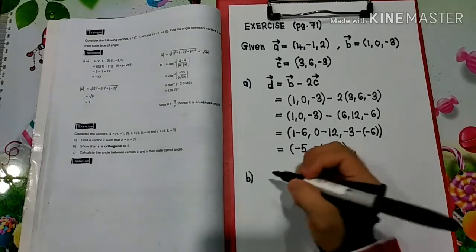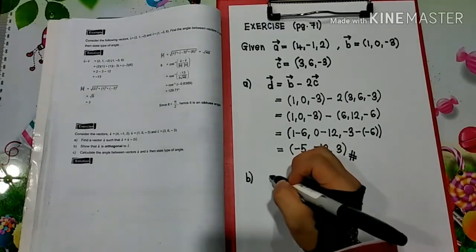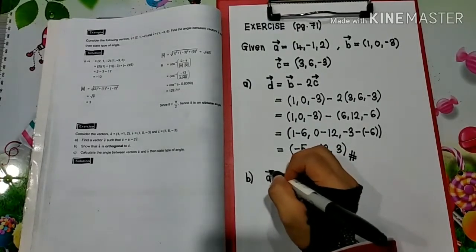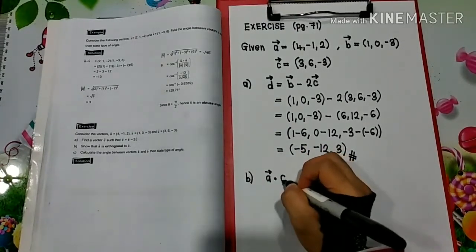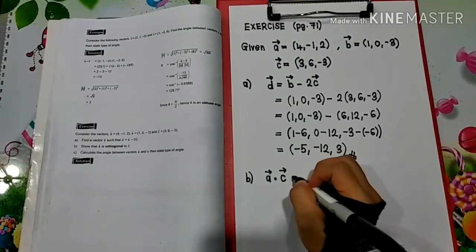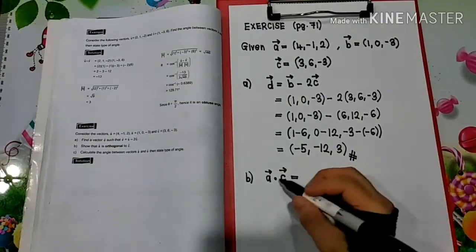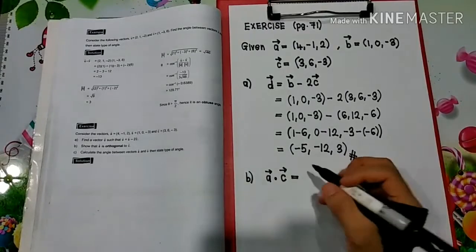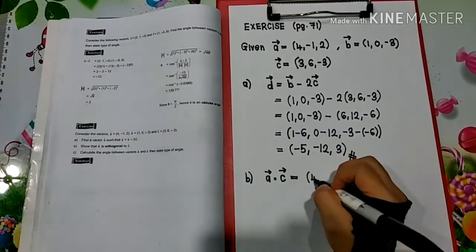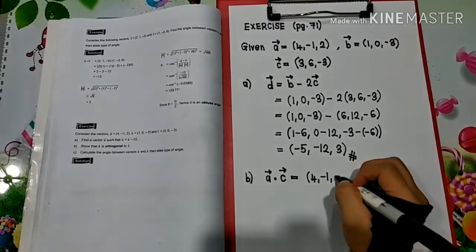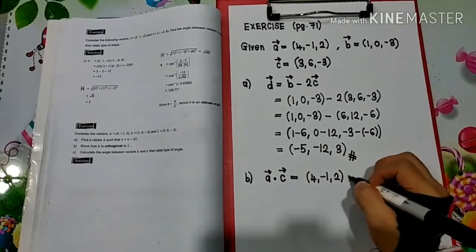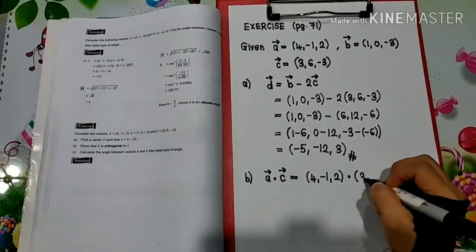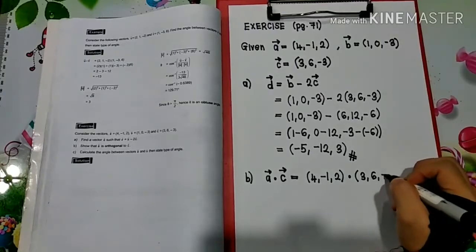So now you find the dot product between vector A and vector C. A is 4, negative 1, 2, and dot with the vector C, which is 3, 6, negative 3.